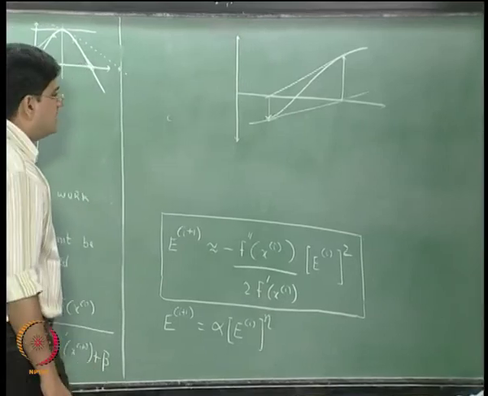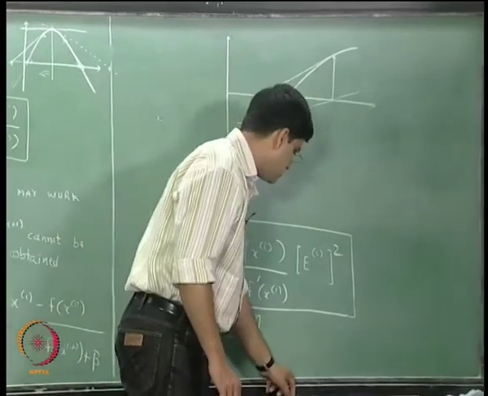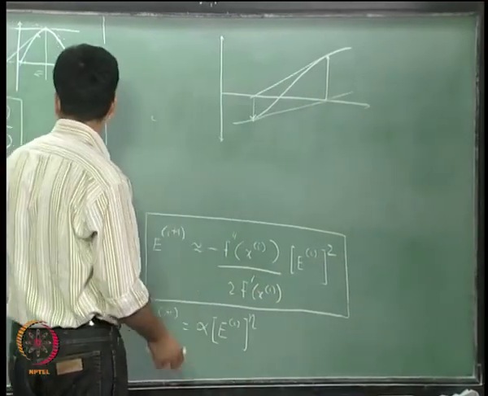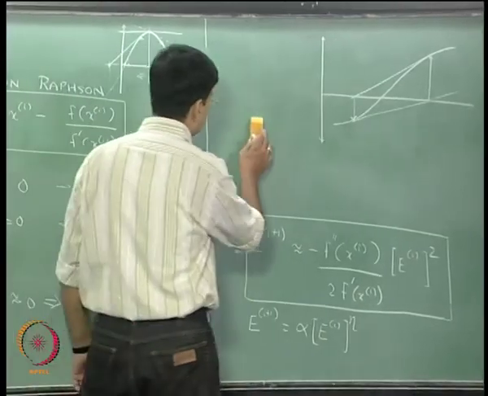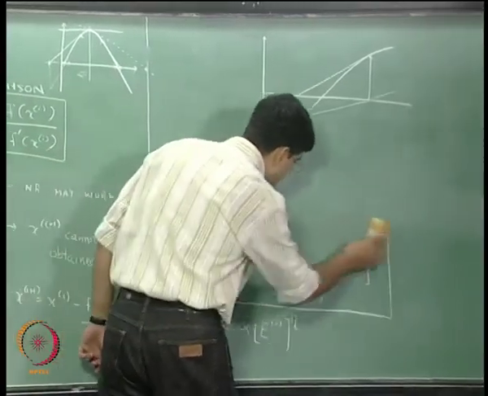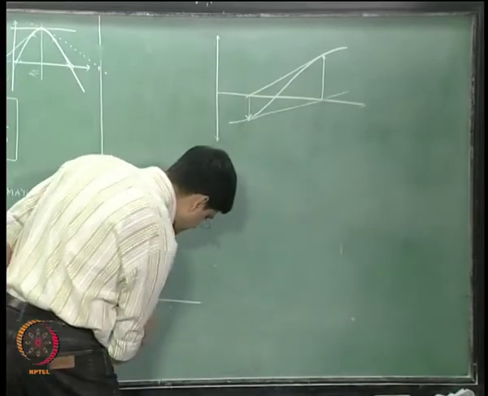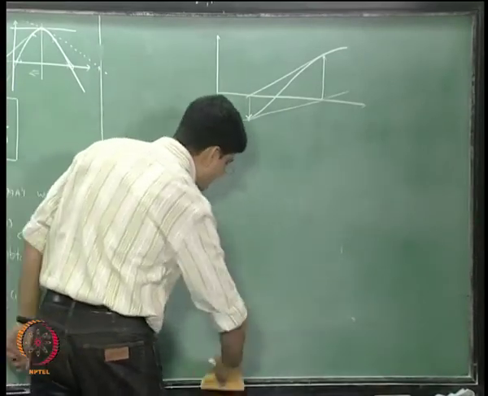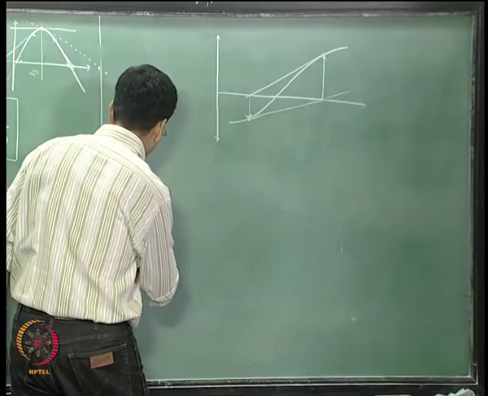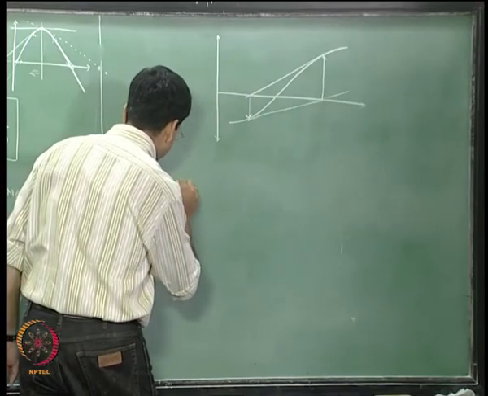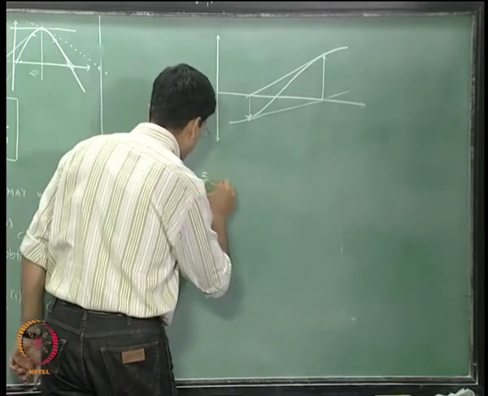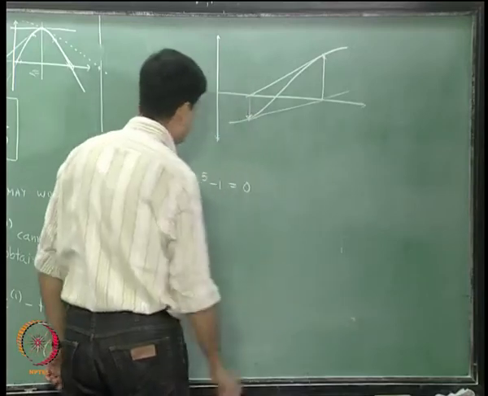Okay. And a third set of problems has to do with very slow rates of convergence, and an example for that is, let us say we have a curve of the form f of x equal to x to the power 5 minus 1 equal to 0.